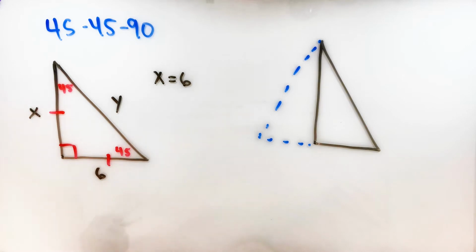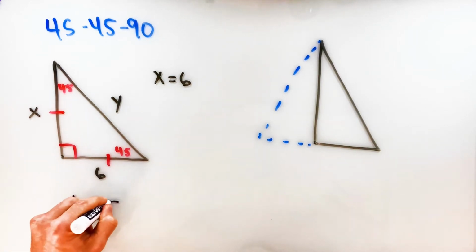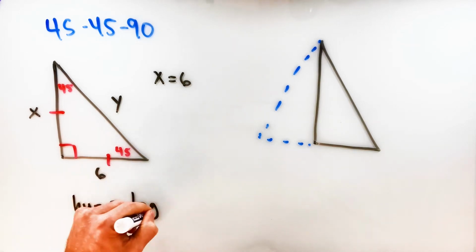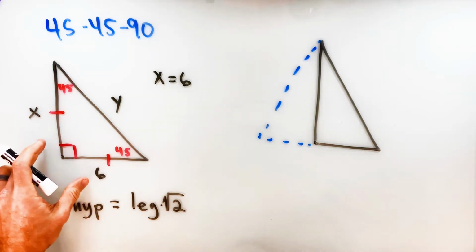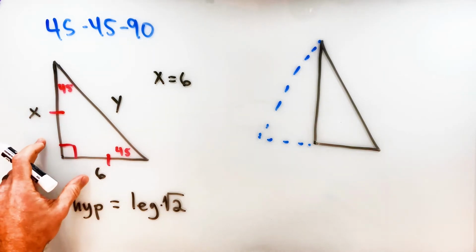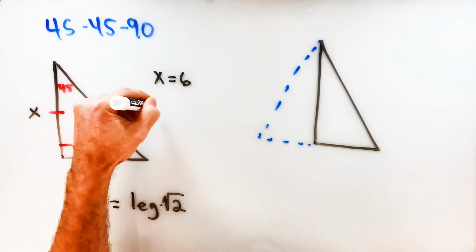So the rule for a 45, 45, 90 is that the hypotenuse is equal to the leg times the square root of 2. Okay, in any 45, 45, 90 right triangle, whatever that leg length is, all I have to do is multiply that by the square root of 2, and that will tell me the length of the hypotenuse. So really not much calculation here.